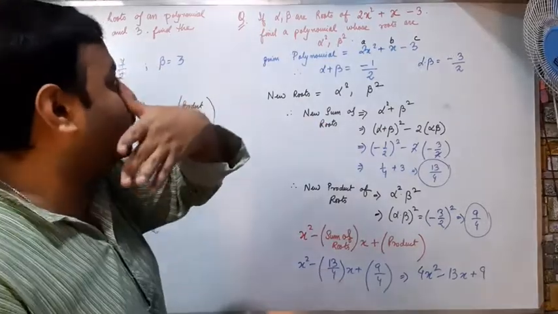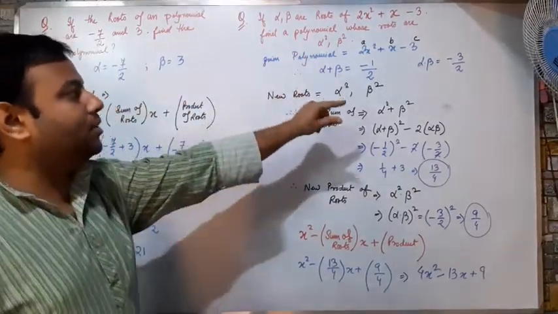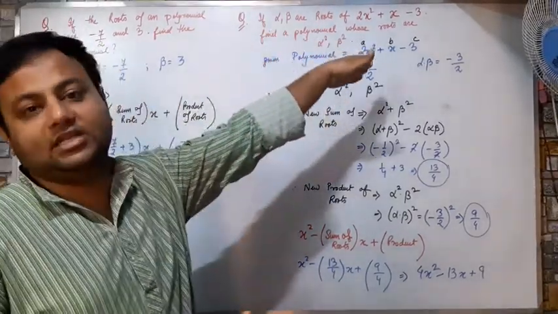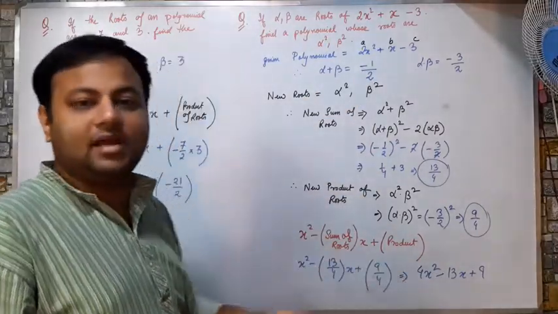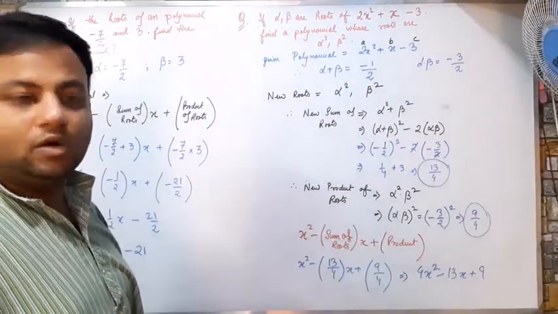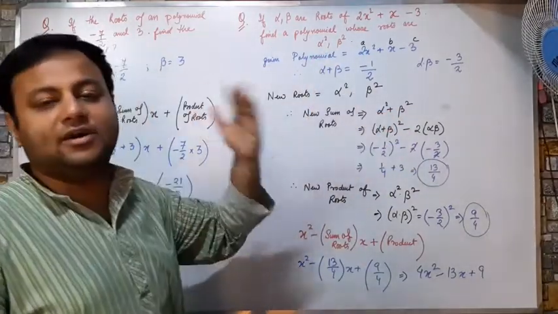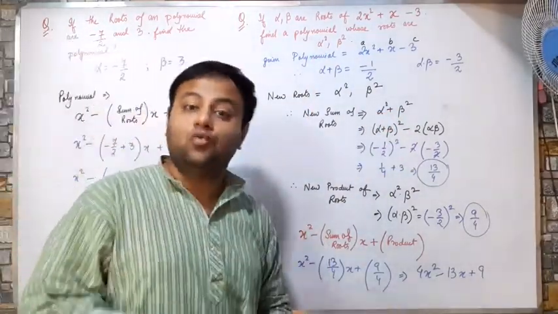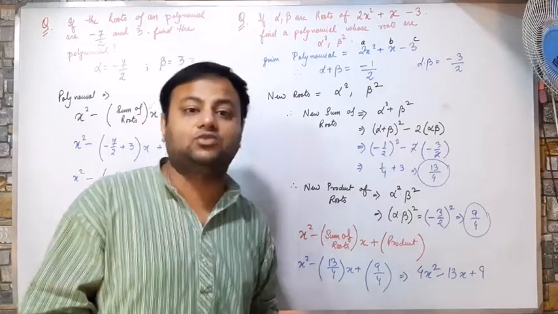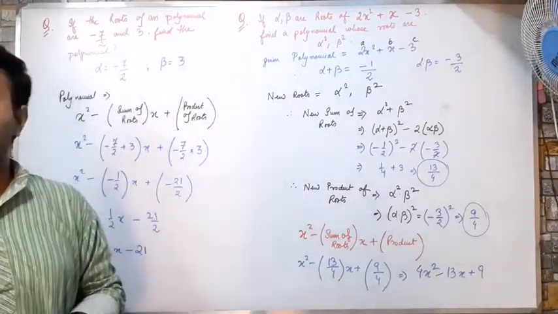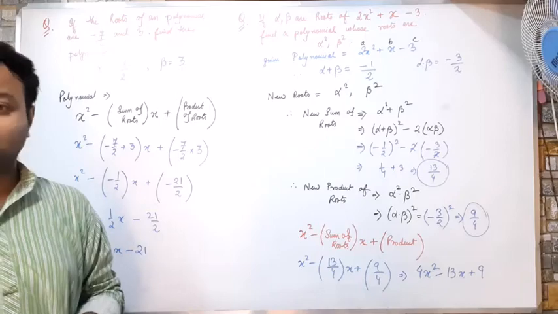But I had to find a polynomial whose roots will be alpha square and beta square. So I have easily converted my given polynomial. First find alpha plus beta and alpha into beta, and with their help we can make alpha square, beta square, alpha cube, beta cube, 1 by alpha, 1 by beta, 1 by alpha square, 1 by beta square, whatever the question is. Correct.